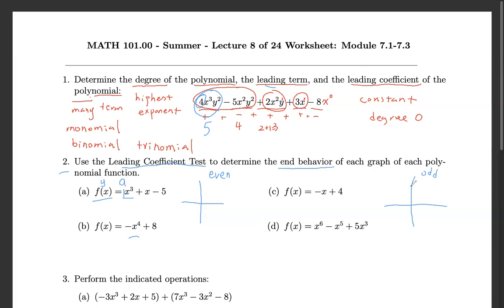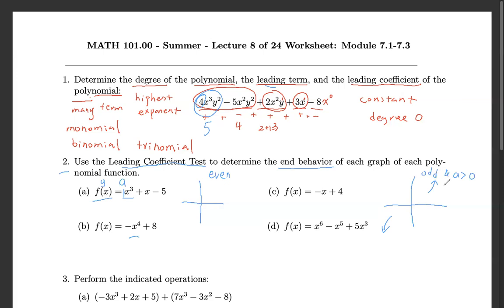8, right? If it's odd, and the leading coefficient is positive, the end behavior is this. It goes through the first quadrant and the third quadrant. That's the end behavior. So how do we use algebra to represent this?